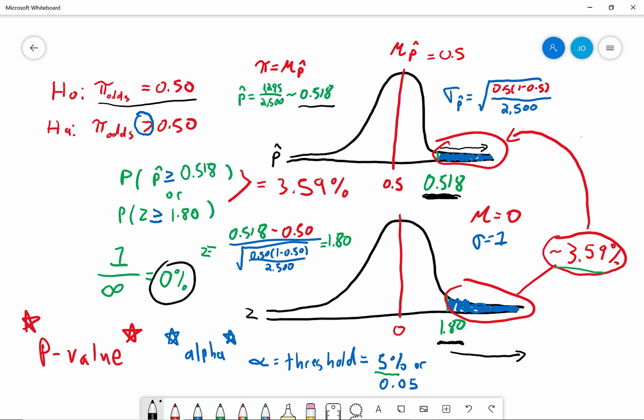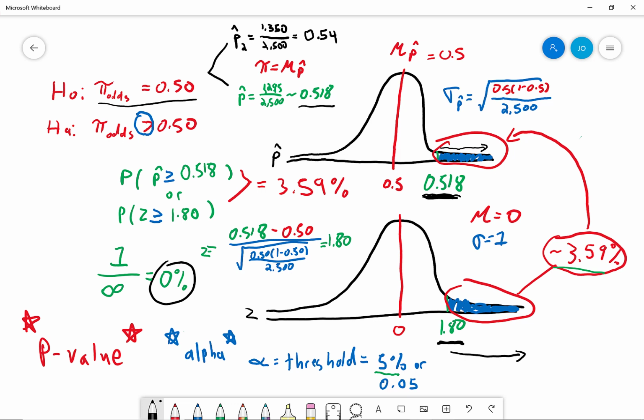Let's suppose, for argument's sake, we got a second sample where we received 1,350 odd rolls out of 2,500. So everything's the same, except we received more odd rolls. And in this case, our sample proportion comes out to be 0.54, or 54%.